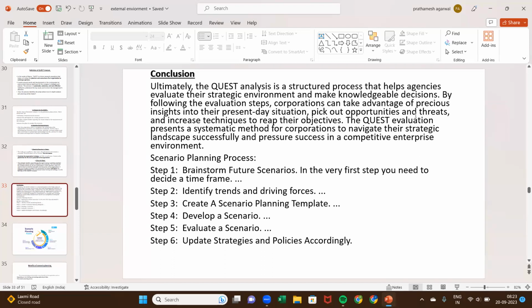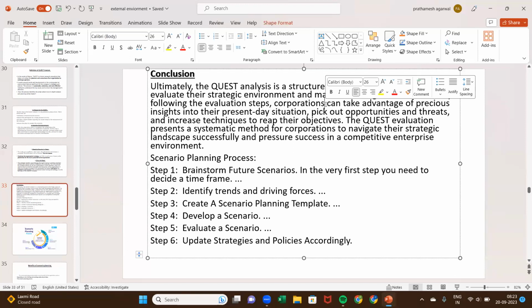By following the evaluation steps, corporations, meaning companies, can take advantage of precious insights into their present day situation. They can even do an in-depth analysis of their present day situation, pick out opportunities and threats, and increase techniques to reach the objectives. Corporations, it is not the municipal corporation, all right?